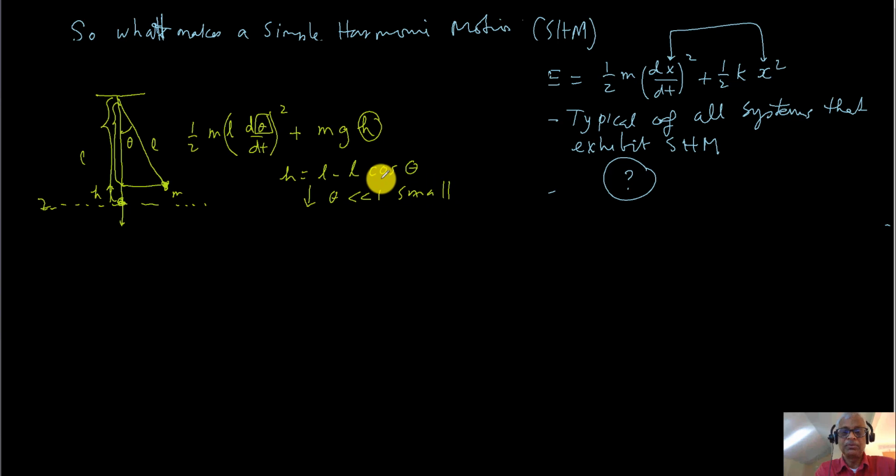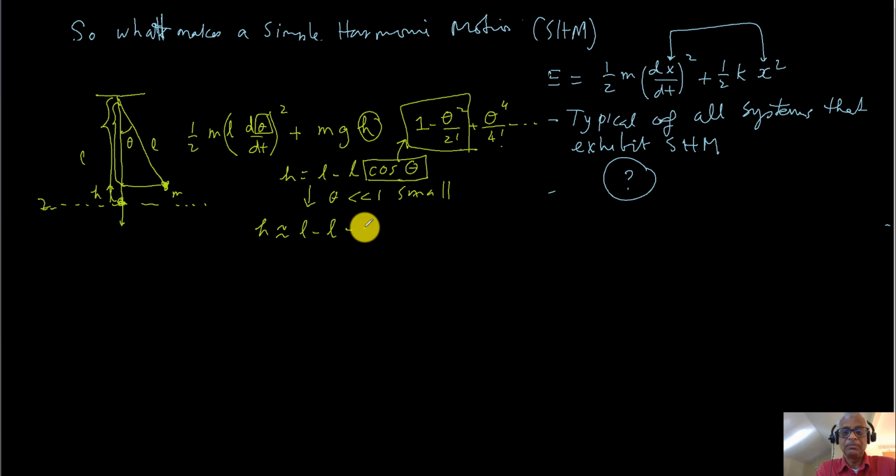So we can do a Maclaurin expansion of this. The expansion is 1 minus theta square over 2 factorial plus theta to the power 4 over 4 factorial, like that, right? And we just keep these first terms, and that leads to h equals L minus L over 2 theta square.